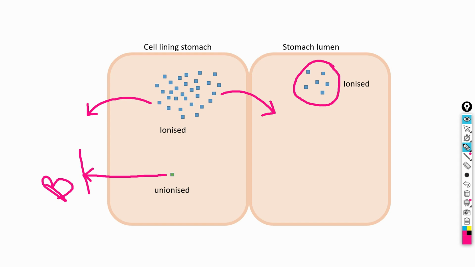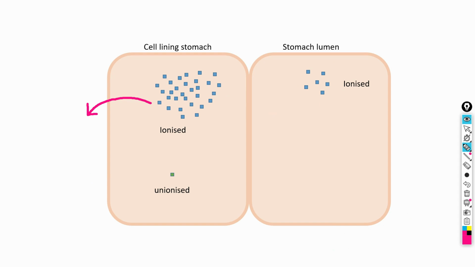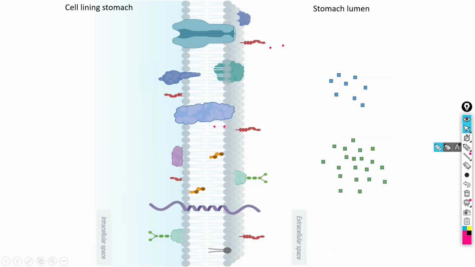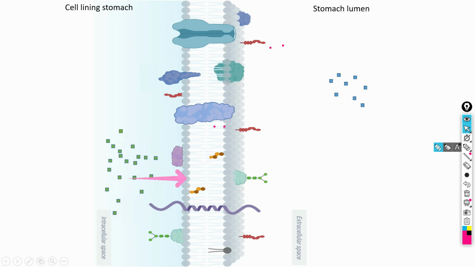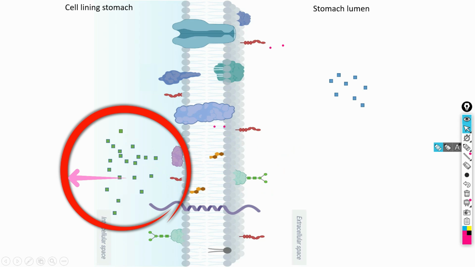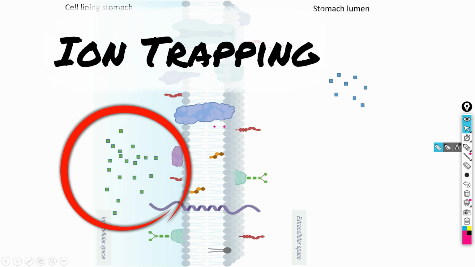Second, the leftover ionized aspirin particles will go into the small intestine from where they will be absorbed. Earlier the ions were able to cross the membrane, but now they are unable to cross back to the original environment or the next environment. The ions are trapped inside the stomach cell. This is called ion trapping.